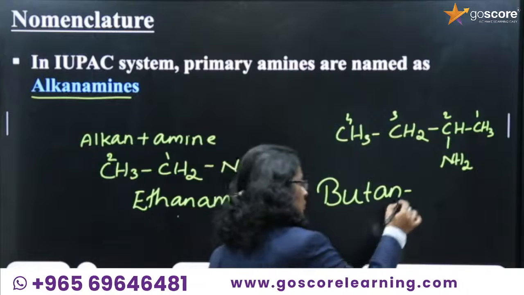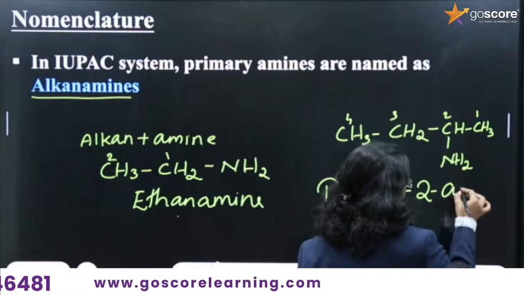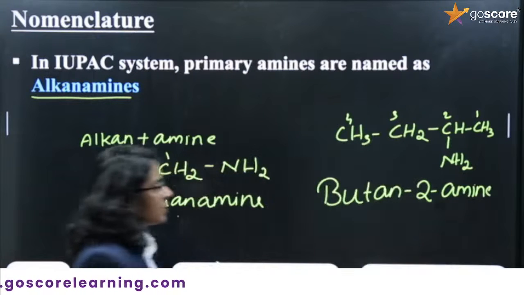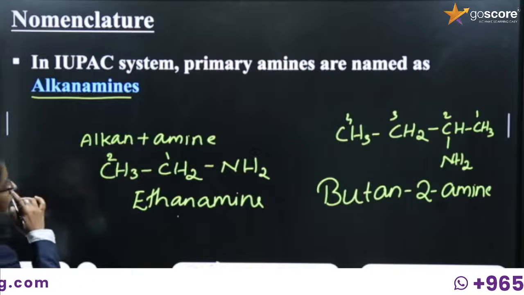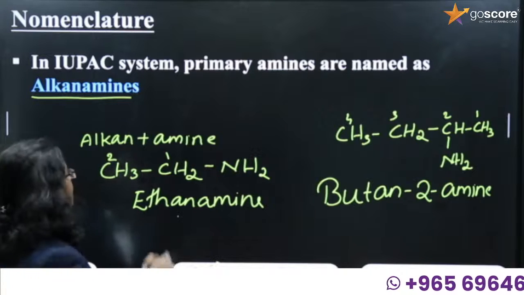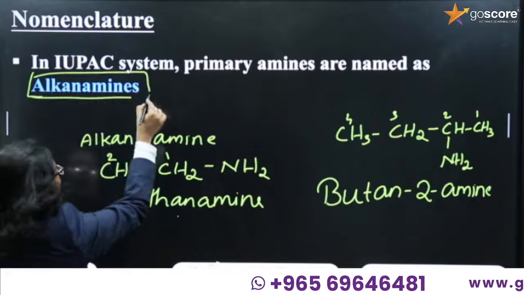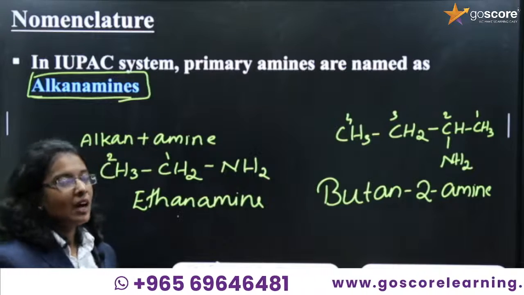On the second position there is an amine group. So butan-2-amine. So this is the naming of primary amine, that is alkanamine. So take your notebook and write: the nomenclature for primary amine is alkanamine.